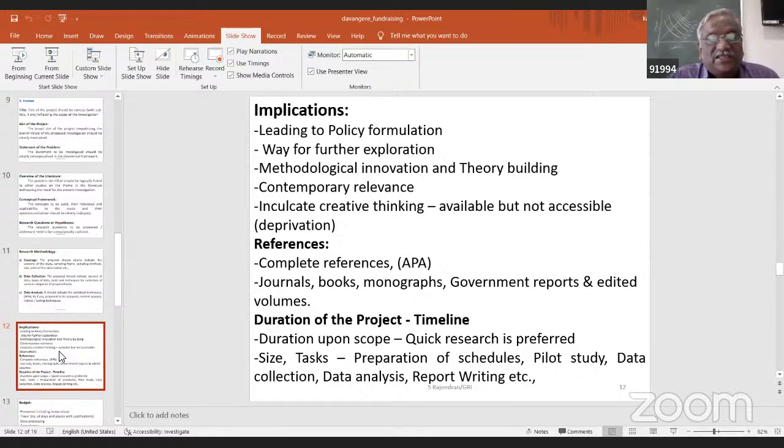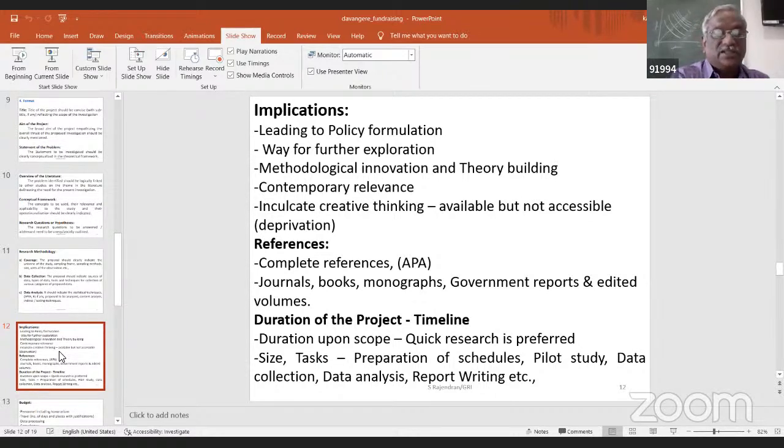Therefore, nowadays, the funding agencies expect the investigators to submit the research output within, say, something like 1 year to 2 years, not more than 3 years. It depends upon the scope, coverage, and also the sample size, etc. Therefore, in most cases at present, the proposal is expected to be conducted in a very short duration.